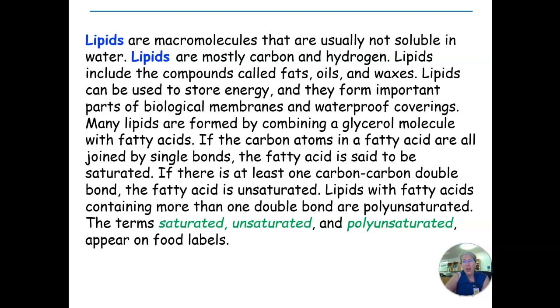If we can force the carbons to make a double bond, they'll take some of the hydrogens away, and that would make the lipid unsaturated, meaning it doesn't have all the hydrogens that it possibly could have. So saturated with hydrogens, unsaturated means that there's some double bonds between the carbons, and that has removed some of those hydrogens. And polyunsaturated means that there's many of the hydrogens that aren't there.